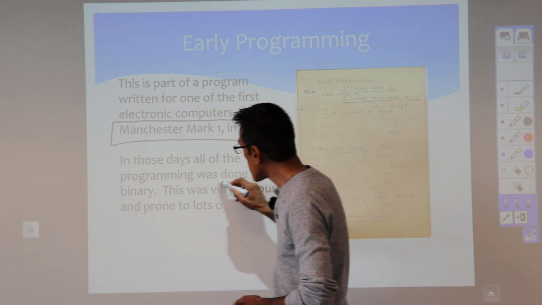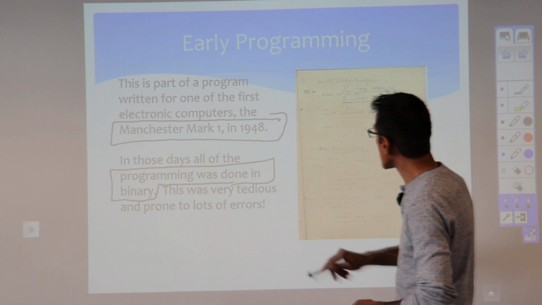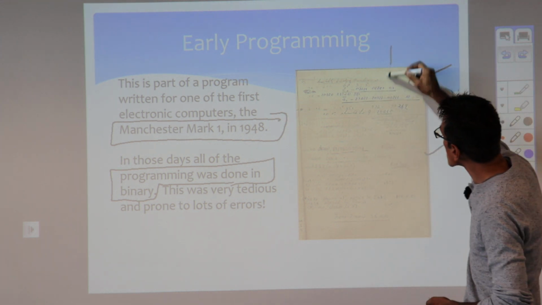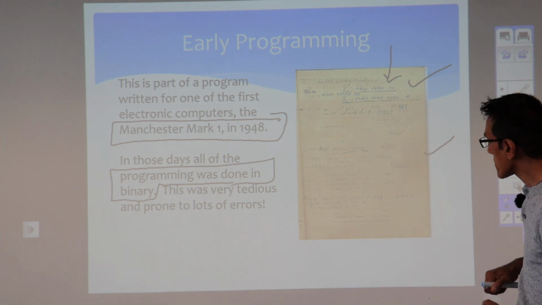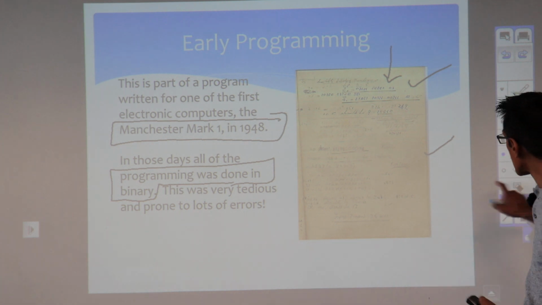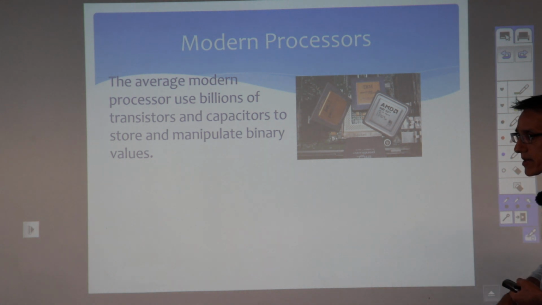And the programming for this computer was all done using binary. Very tedious, very error prone. There's one of the manuscripts, and you can just about make out the ones and zeros that were used to program this. This has just come from some person's notes. This is quite old.